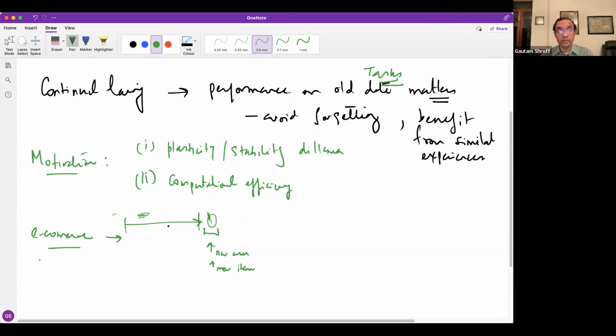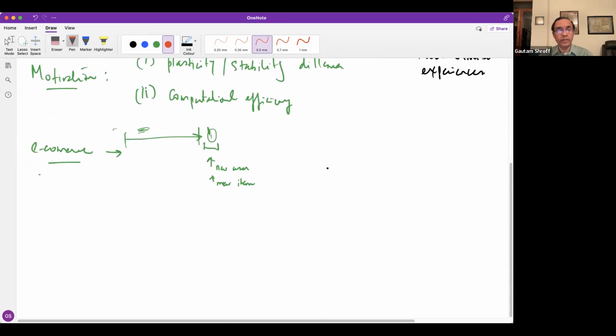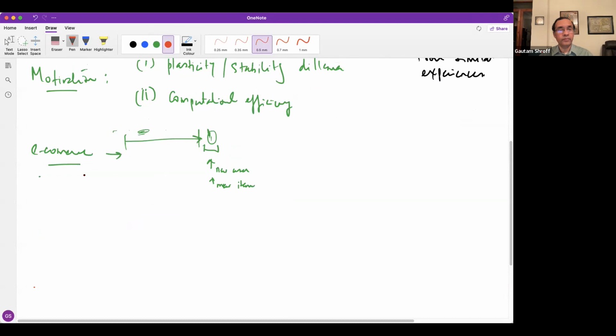If the old data is just so old that people's behavior is pre-pandemic and now it's post-pandemic, you don't care about the old data, in which case the CL issue just goes away. You only want to adapt fast. Then it's a pure meta-learning problem. Right? So it's important to understand the practical aspects of it. So now there are a couple of types of continual learning.